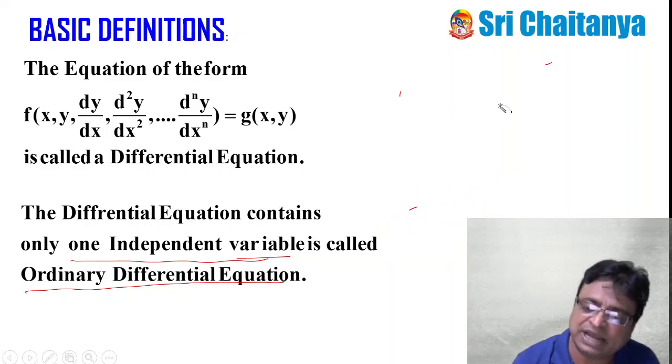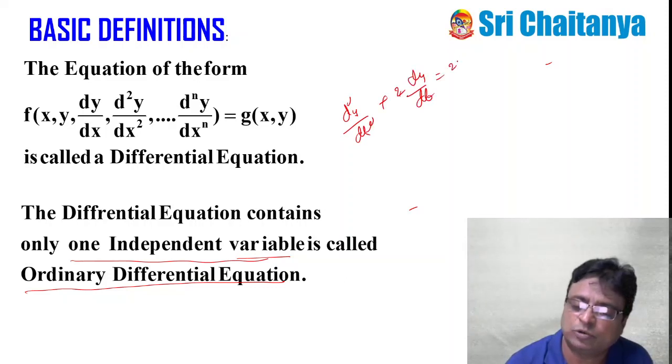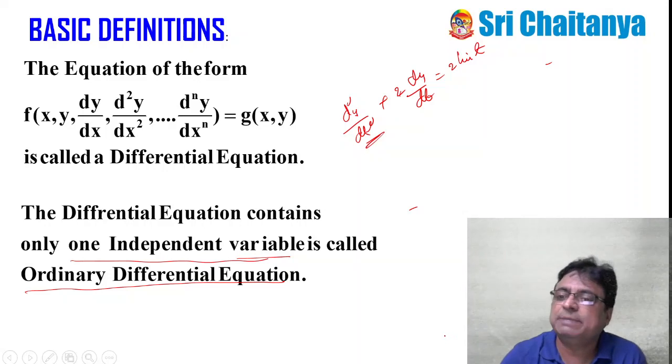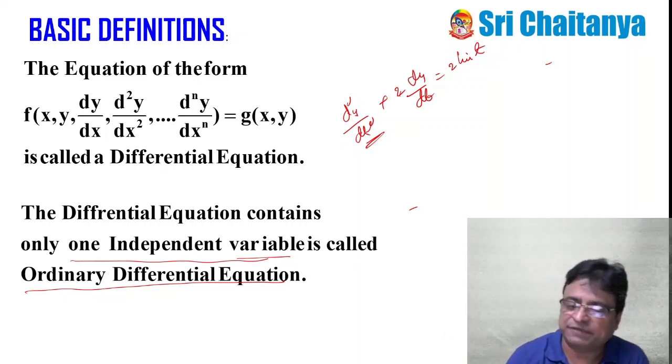And of course, the same thing I can also write as d square y by dt square plus 2 into dy by dt is equal to 2 sin t. Suppose here t is the independent variable and y is the dependent variable. That means we will get the dependent variable in terms of the independent variable. That is the solution, okay, my friends.